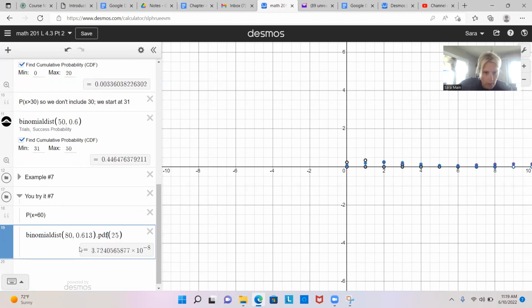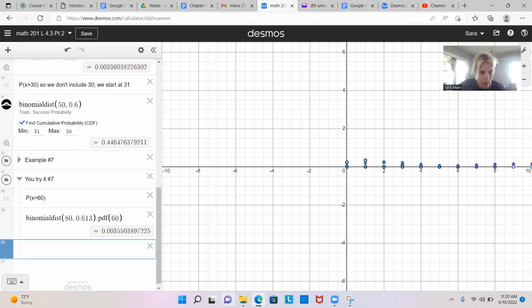We want exactly 60 of those 80 shots. It looks like it was not likely he made exactly 60, because the mean is only 49. So it's 0.0036.